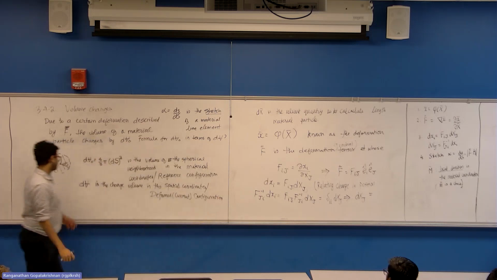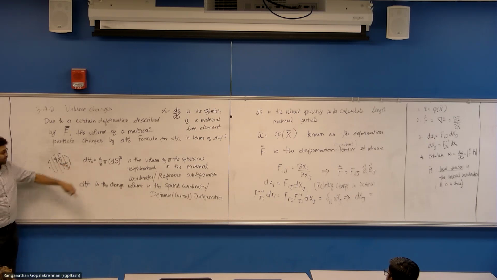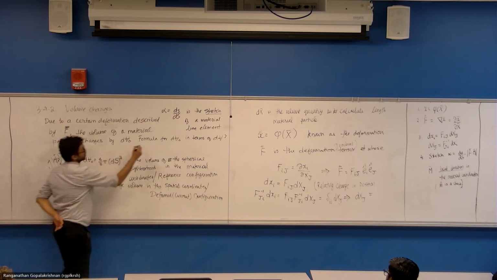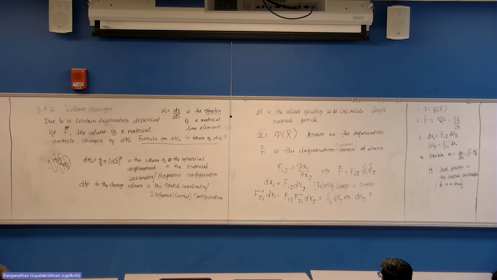After you apply the load, you take a small volume, which is, let's say, of a very small sphere. Basically, you apply your deformation, this sphere would become like an ellipsoid or a pancake. We want to calculate what is the volume of that pancake. That's the goal here. How to get dV in terms of dV naught, or the other way.